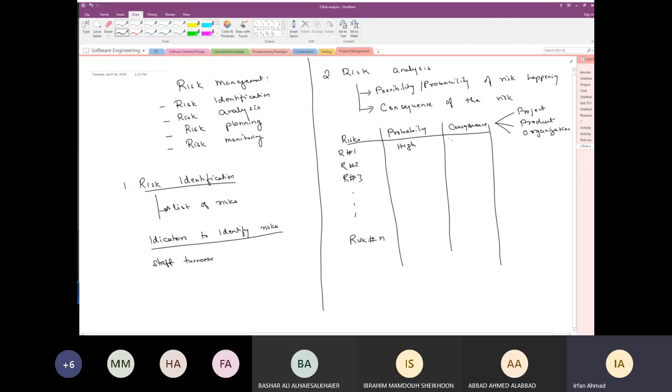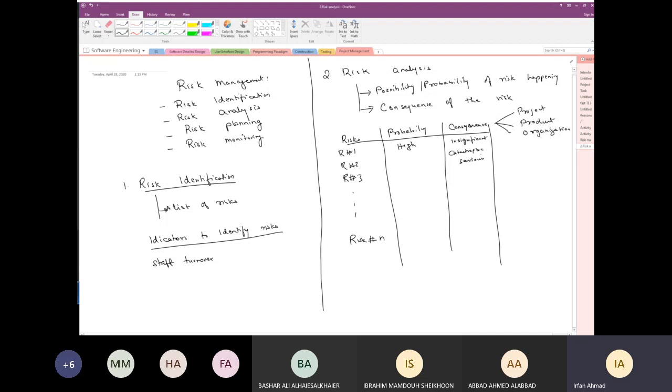So one possibility is you'll say, okay, this possibility is high, but its consequence is insignificant. Or this is catastrophic, right? Or this is serious. You see the difference between probability of risk and consequence of risk.